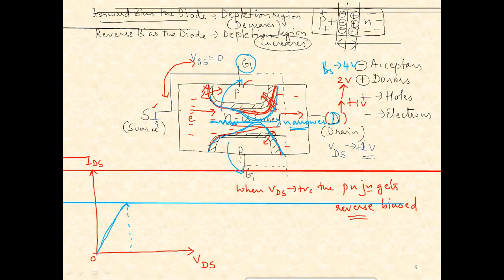In many of the textbooks they say that they have actually touched each other, but in reality there exists a small gap. There will always be a small gap existing between both the depletion regions. So the state when both the regions appear to be touching each other is called pinch off. I repeat, this stage is called pinch off.